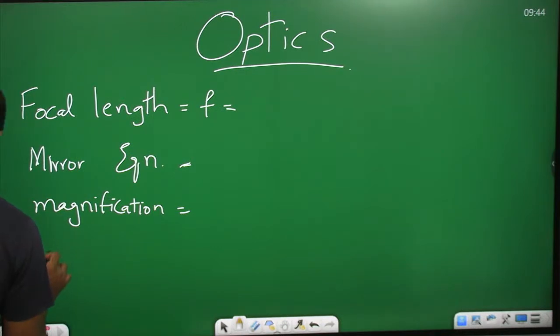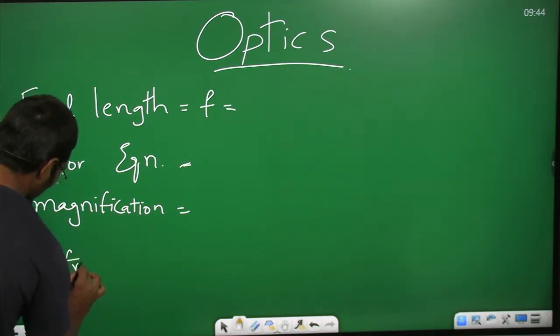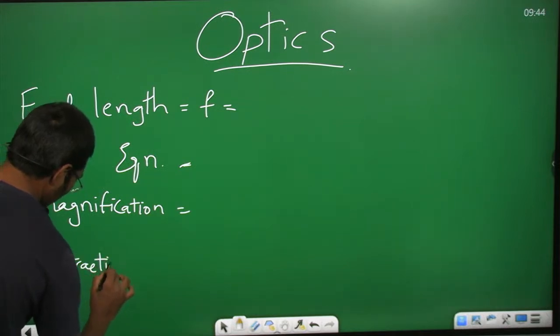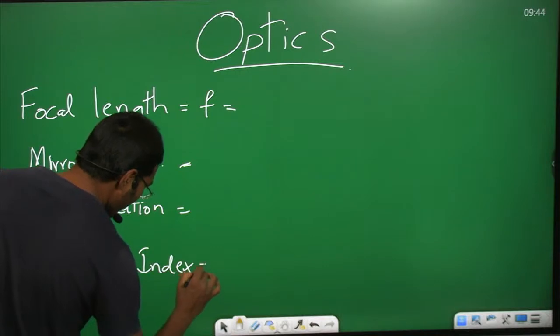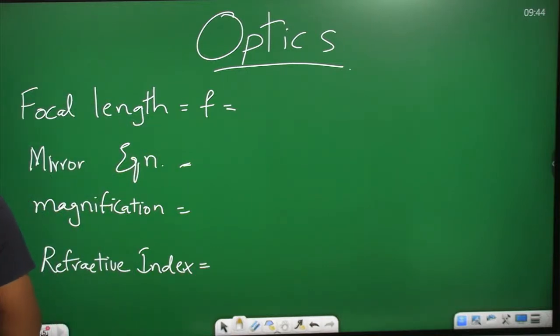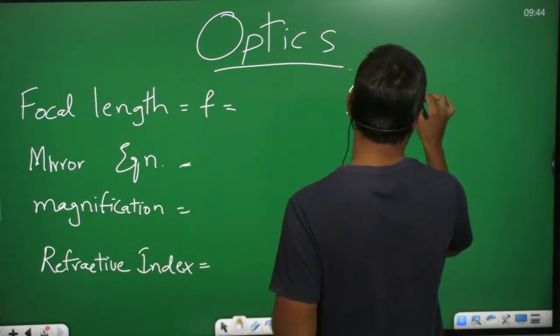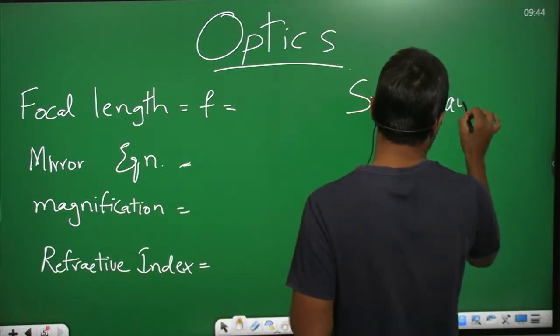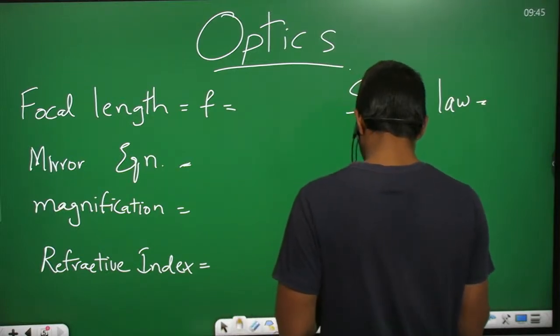What is refractive index? What is Snell's law? What is critical angle?